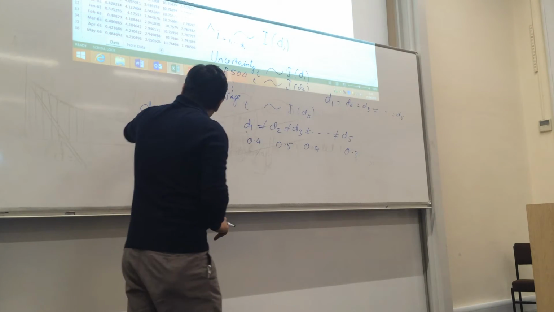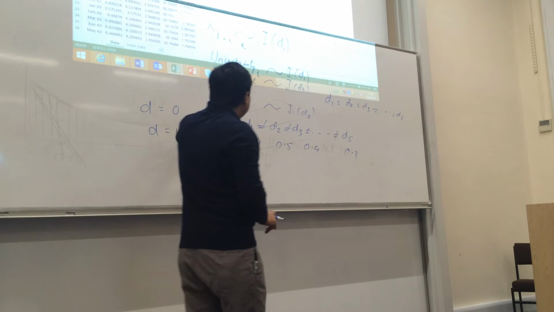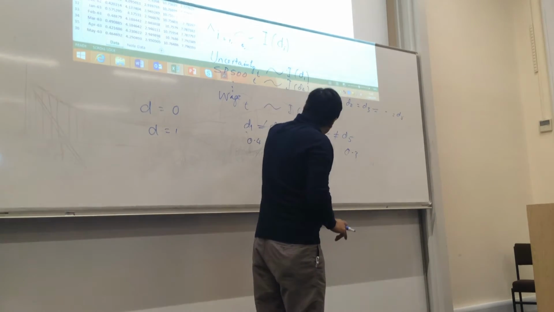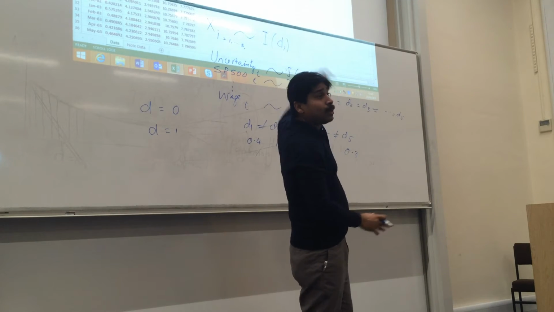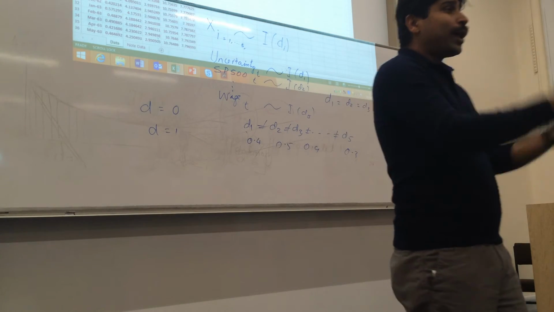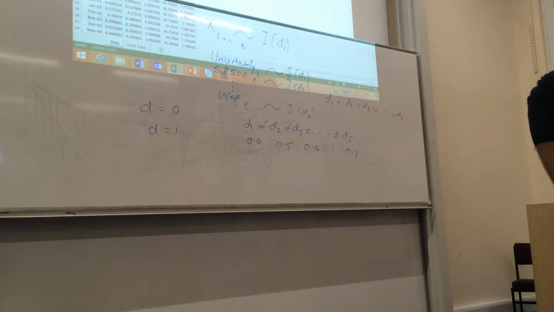But whenever we have 0 and 1, I can say this is 1, 1, 0, 0, something like that. I have not tested it yet. You can test it and see the order of integration of those. How do you test the order of integration? Just look for the unit root test. You need to test if it is non-stationary, I1. If you reject the unit root, it is I0. So d equals 0, d equals 1.